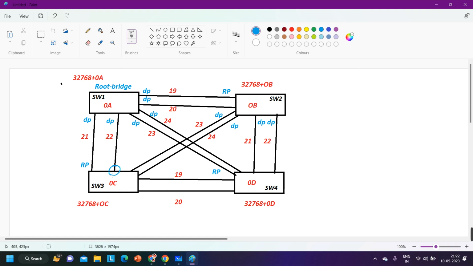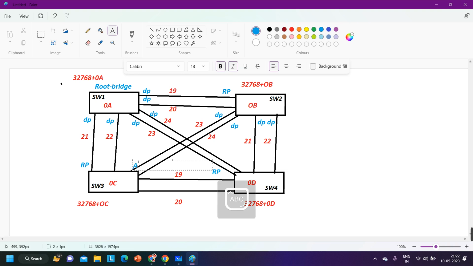No, because I am not sending superior BPDU, and my neighbor is transmitting superior BPDU on this link. DP is already available on the link. So these two ports will become alternate, because RP is already there.